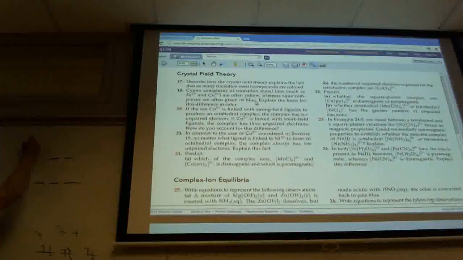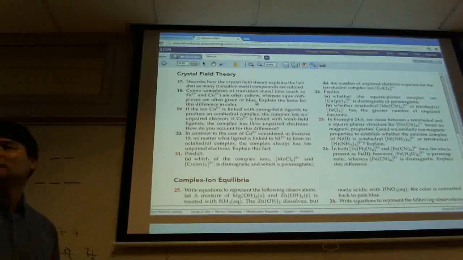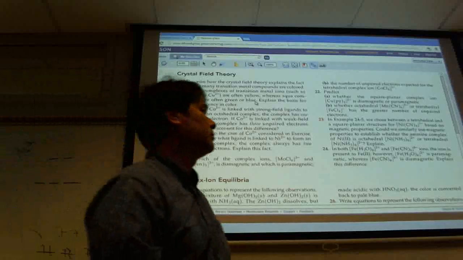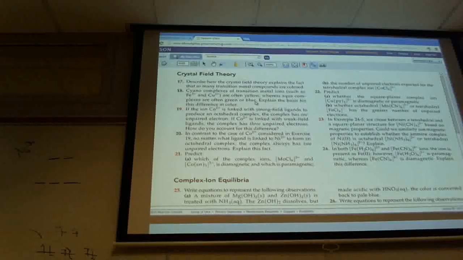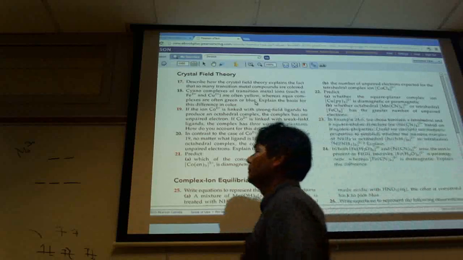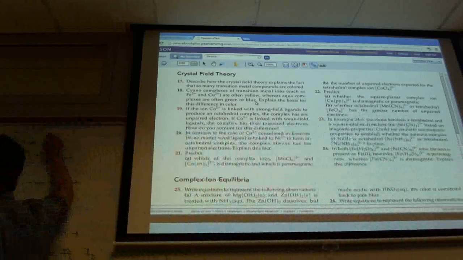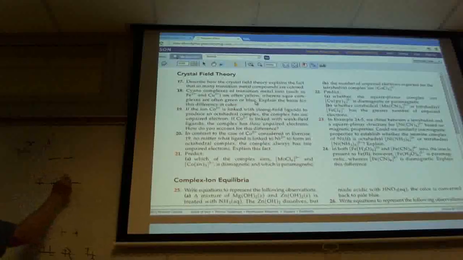Three plus. How many d electrons does it have? 1, 2, 3. And so molybdenum 3 plus is D3. 1, 2, 3. It doesn't matter if it's strong field or weak field, we're going to get the same pattern.